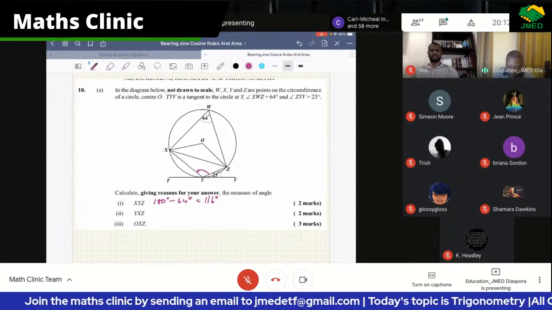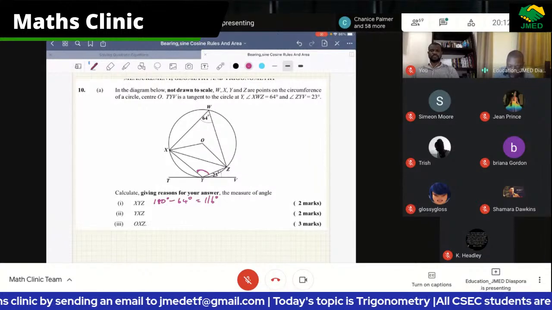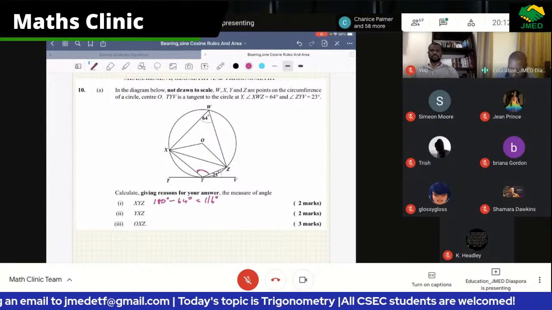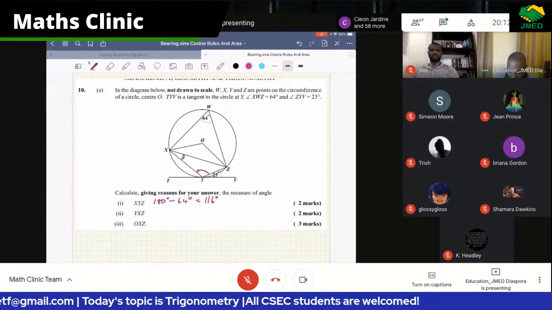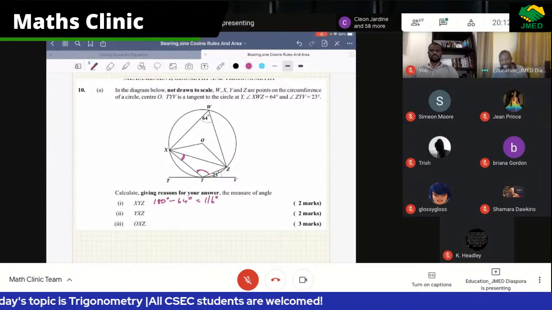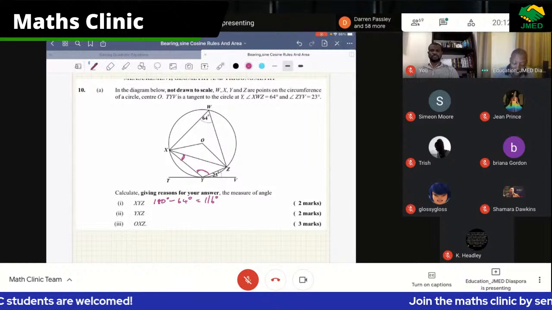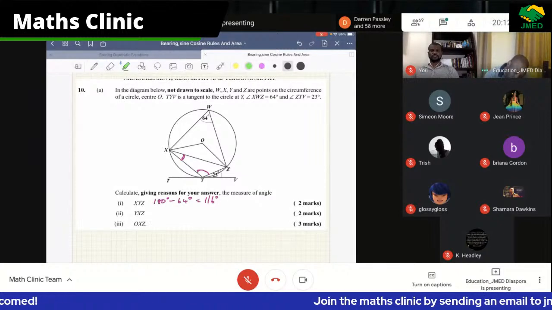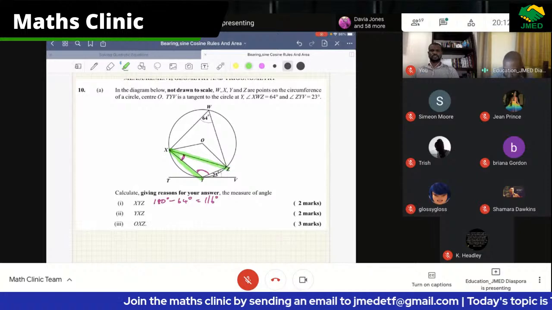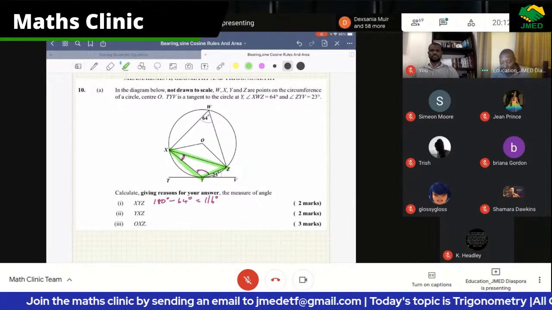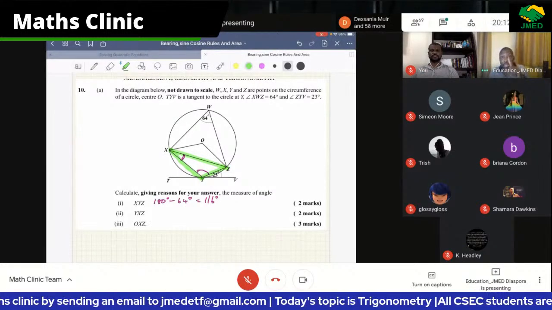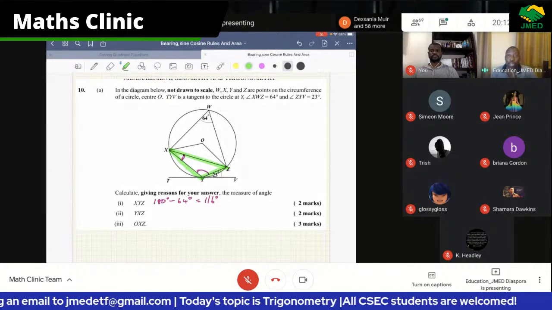And then we want YXZ. So where are we? YXZ. So it's this angle here. Now the person asked me the question before about the opposite angles in a segment. This is a typical example of it.